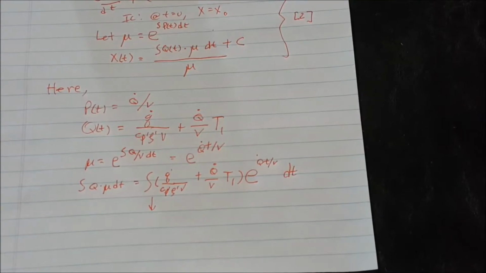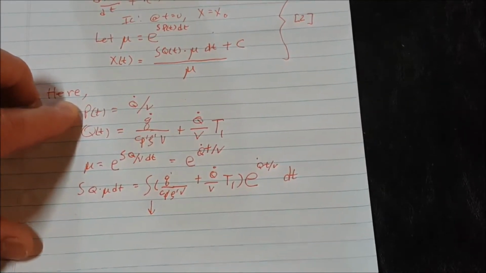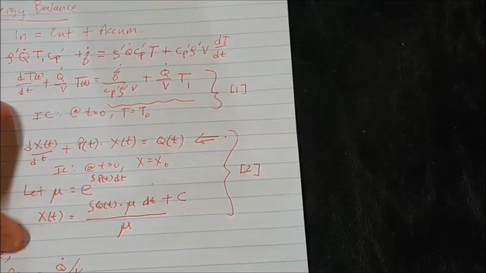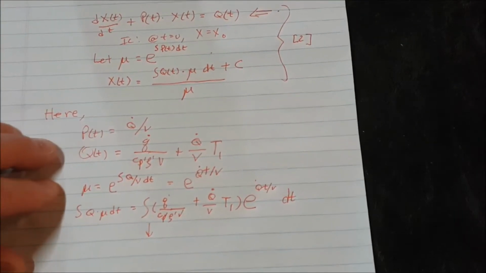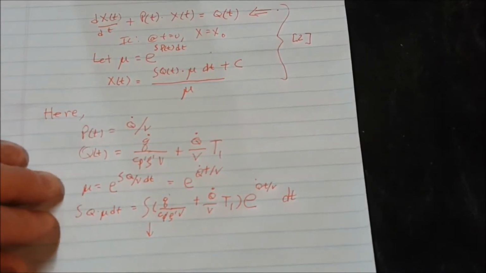I'll go back over what I just did. I defined the integrating factor approach variables P and Q with respect to our current problem. P and Q I've written out here.